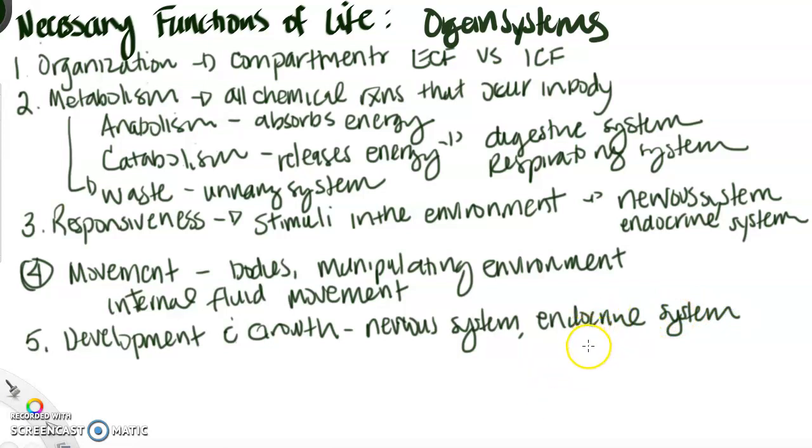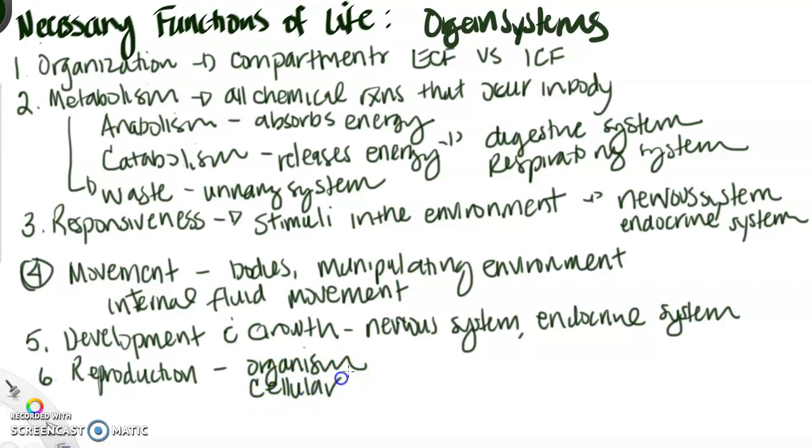We have to be able to bring in fuel to do this. And then the last thing is reproduction. That's reproduction of the organism, to make new organisms, and also the reproduction of cells. Okay, so all of those things are needed for life.